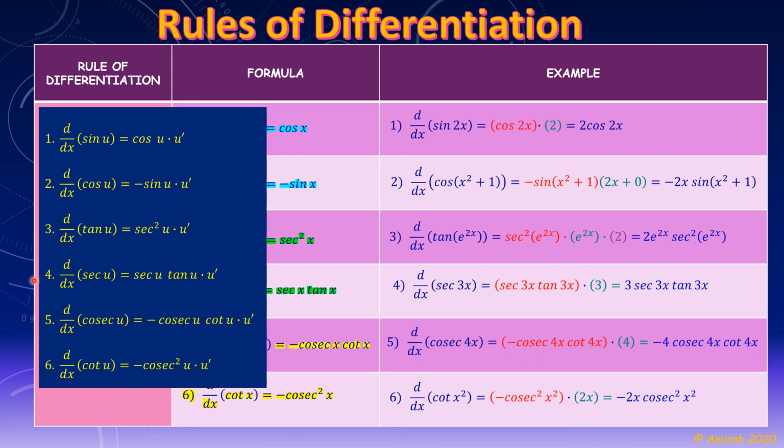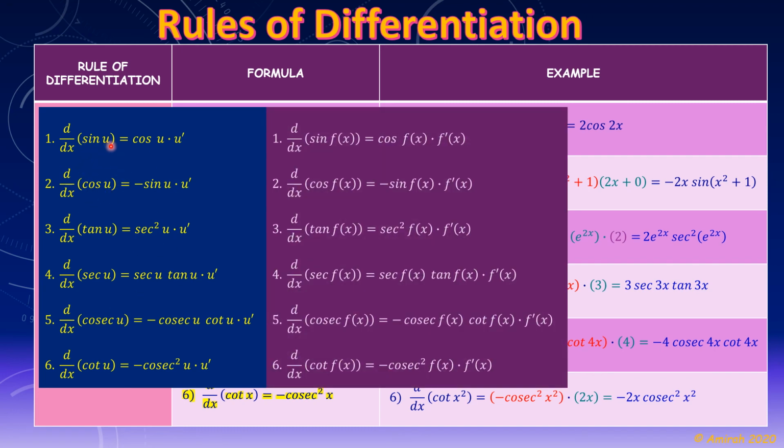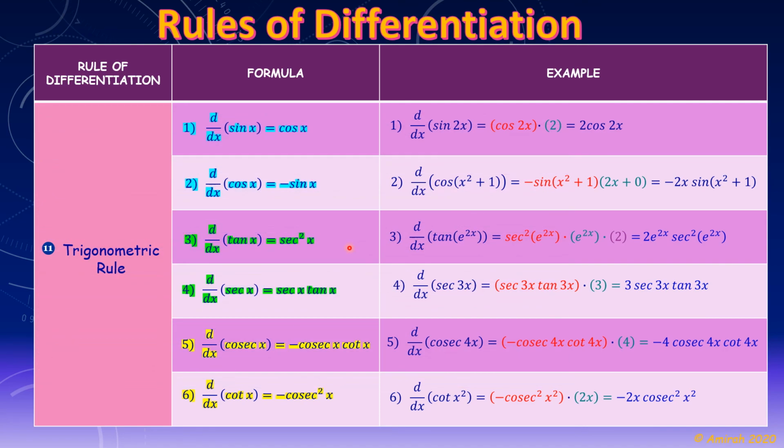Okay, and the same goes for number 4, number 5, and number 6. This is when the function is given in terms of u. Or maybe we can write u in terms of f(x). So if u equals f(x), at the back we must multiply by f prime x. Okay, actually similar to this formula, and also similar to this formula.